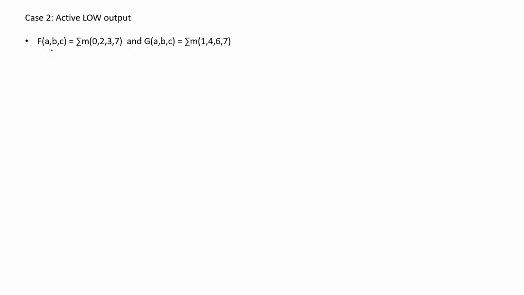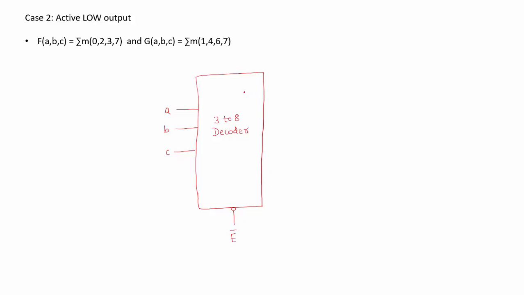So since there are 3 input variables, we will need 3 to 8 decoder. So it will have 3 inputs A, B, C, one active low enable input E bar, and 8 active low output.